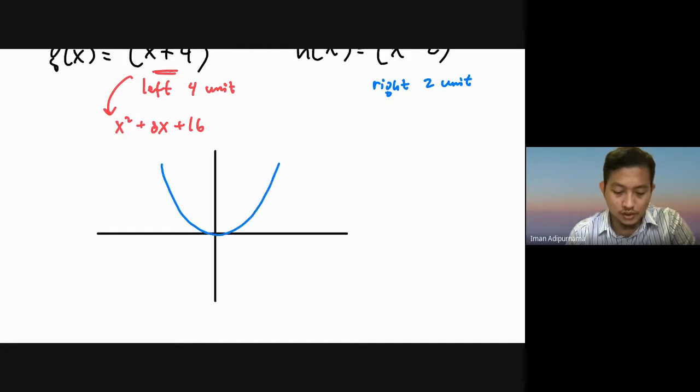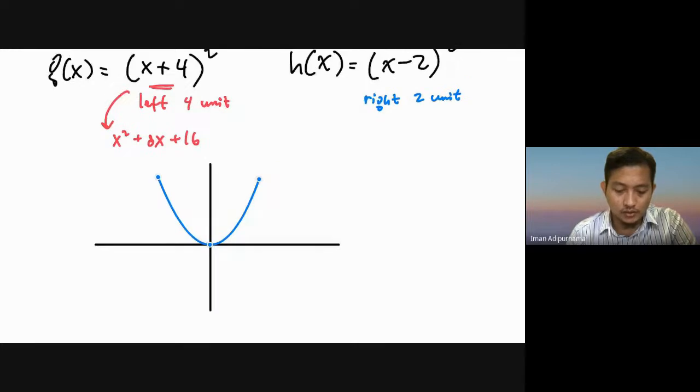So this is the x squared, and then make another one going to the left 4 units. So 1, 2, 3, 4. So 4 is here, so it should be around there.